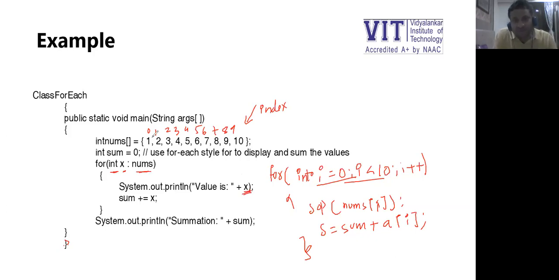So x value is initially 1, then 2, then 3, then 4, and so on, and then it will be added. When I say int x, x is the element, but when I say int i, it identifies an index in the array. So this is the difference between for and for each. We can see the syntax.